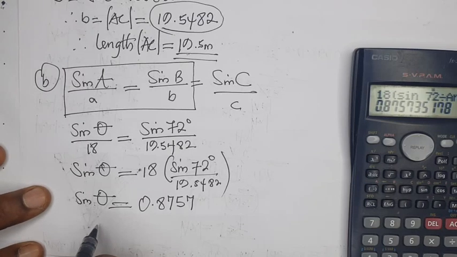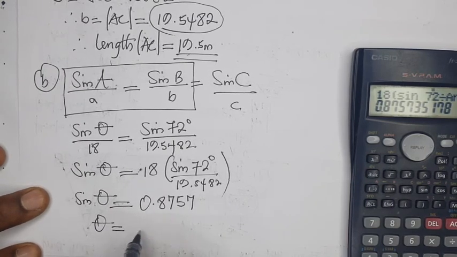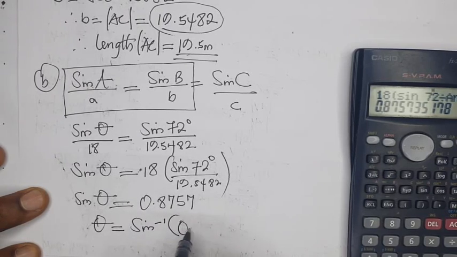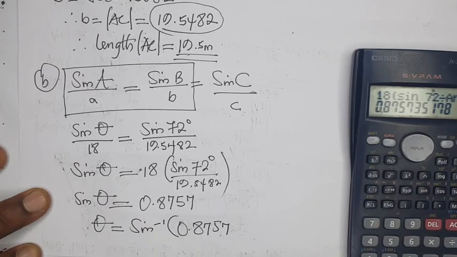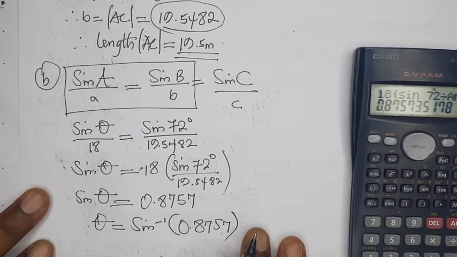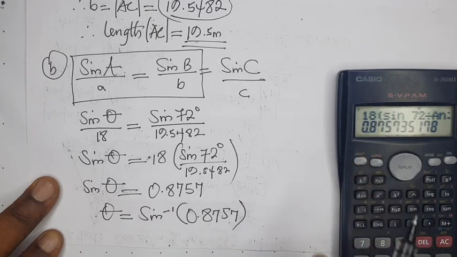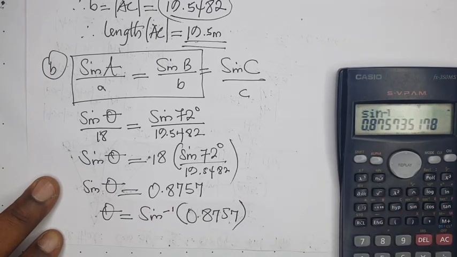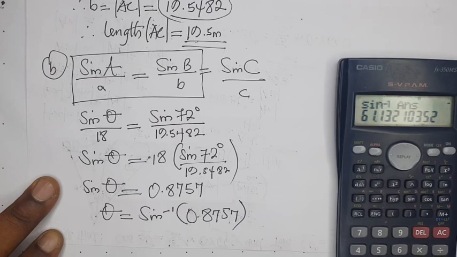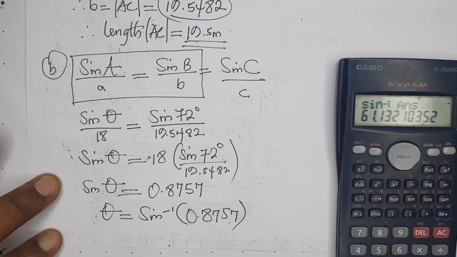So we'll come down here and say theta is equal to the sine inverse of our answer, which is 0.8757. So if I go to my calculator right now and take the sine inverse of 0.8757, that is going to be sine inverse of this answer gives me 61.1321. Let's leave it at that.